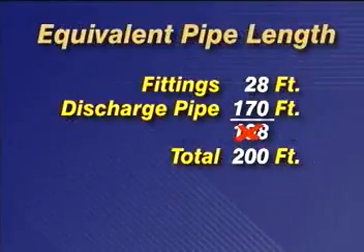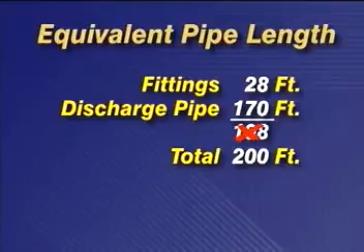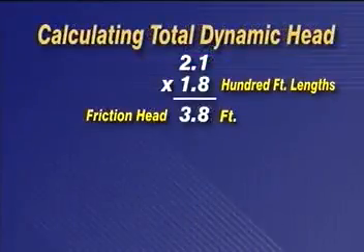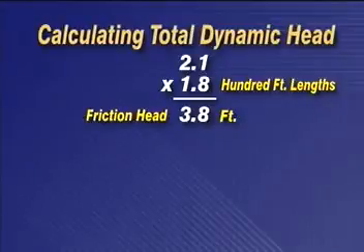After adding the equivalent length to the actual length of the pipe itself, rounding up to the nearest 10 feet, refer to the table of friction loss per 100-foot length of pipe and multiply the factor from the table times the number of 100-foot lengths. This is the friction head expressed in feet.